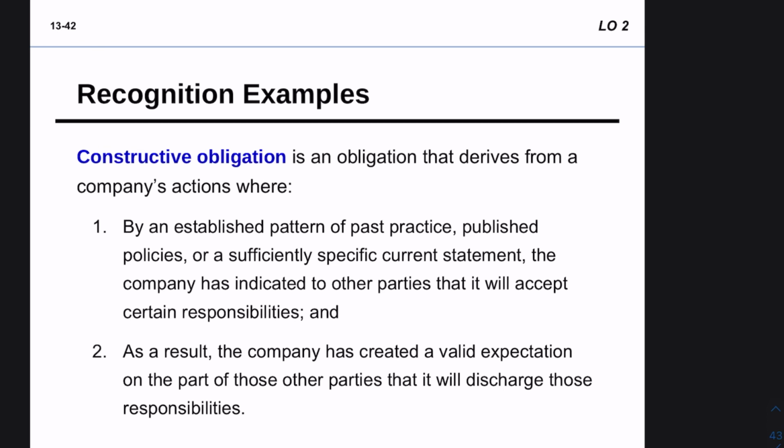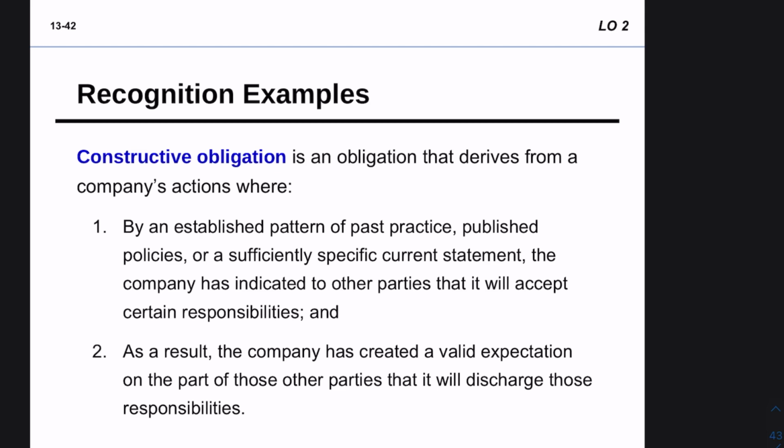In this scenario, the parties will expect that if something happens, the company will fix the product, or maybe refund the customers. Although nothing is legally stated, based on their past experience, they became well known for those responsibilities.